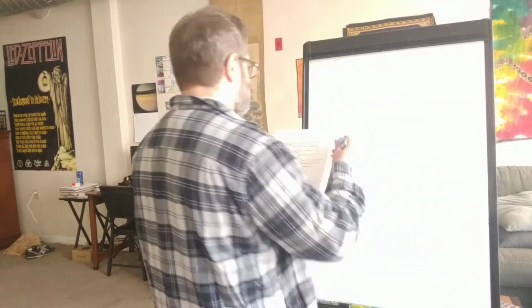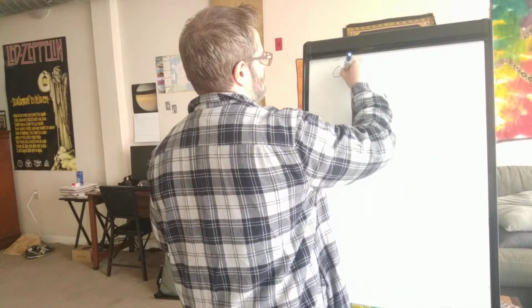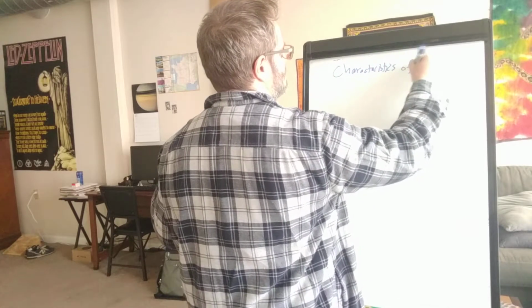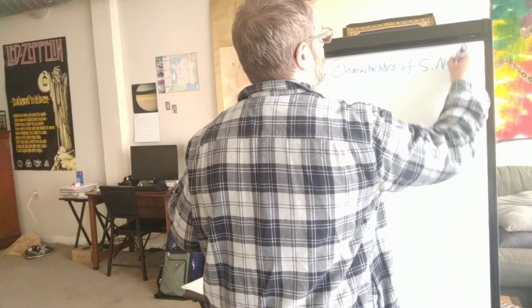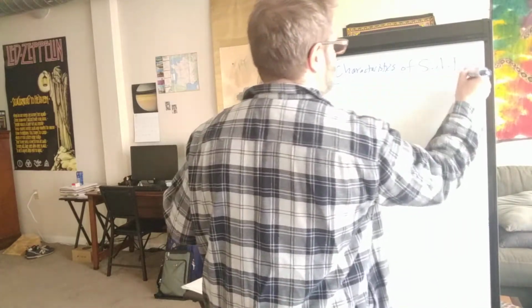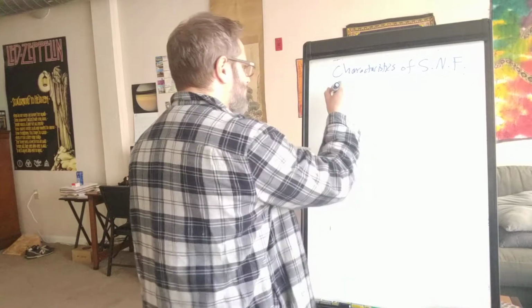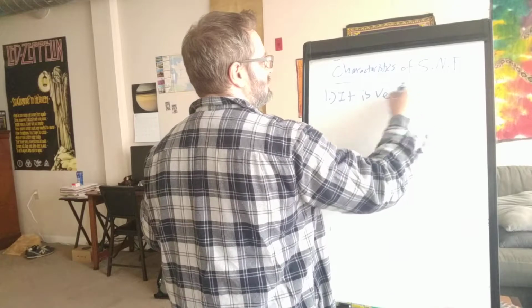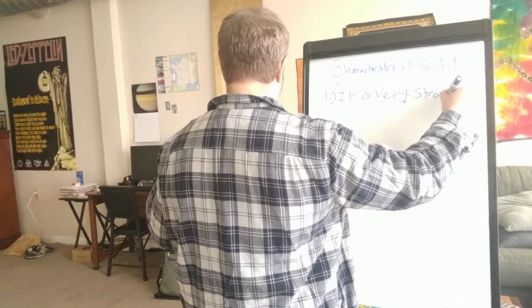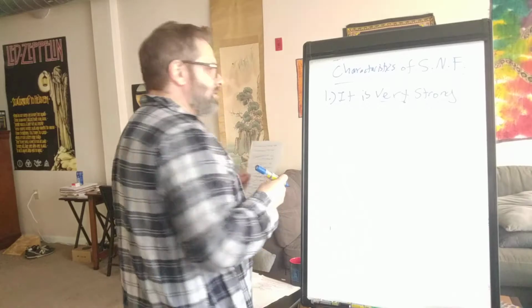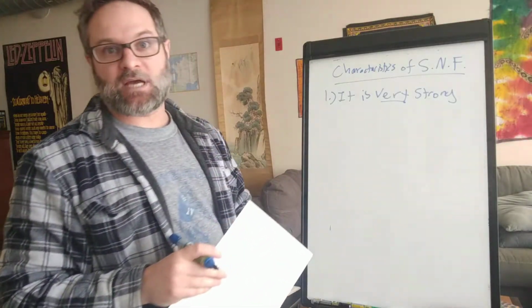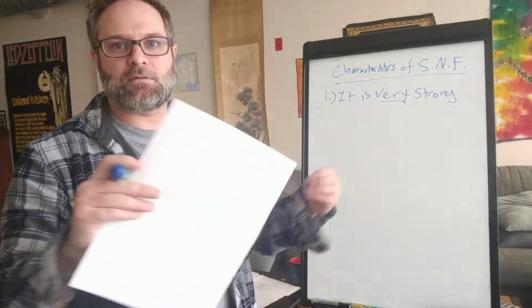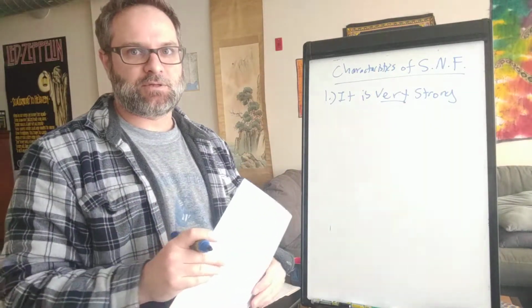We do know some characteristics of the strong nuclear force. One, it is very strong. Okay? And it must overcome the electrostatic force, for it to overcome the repelling charges in order to form the nucleus.